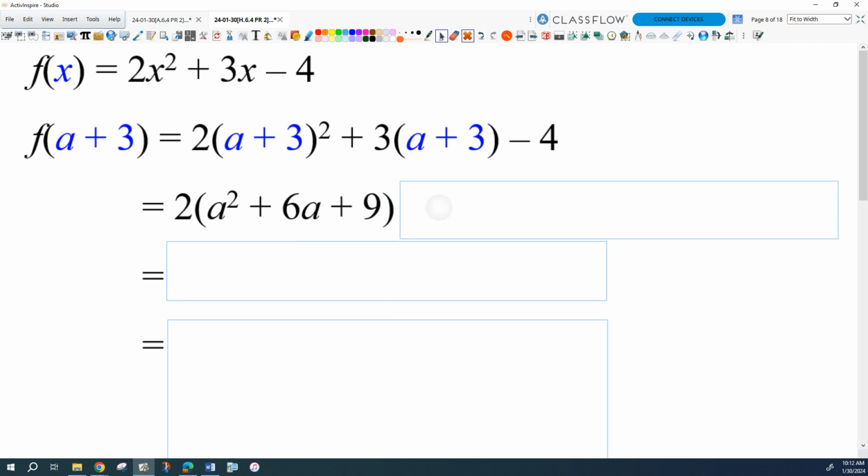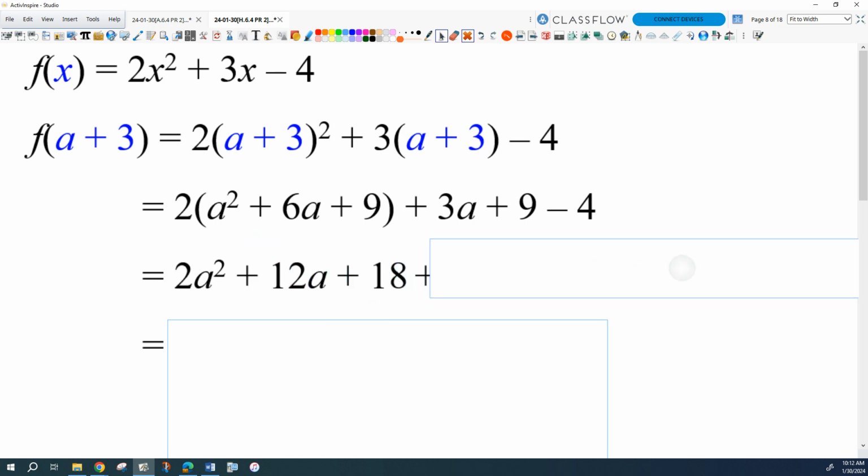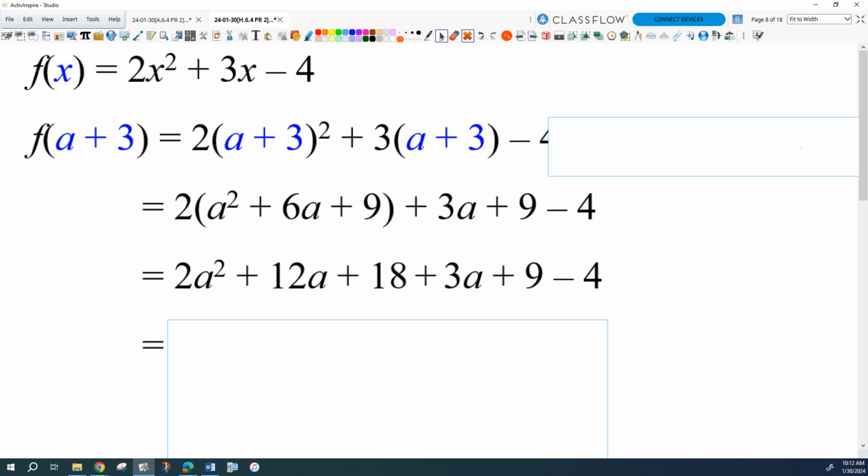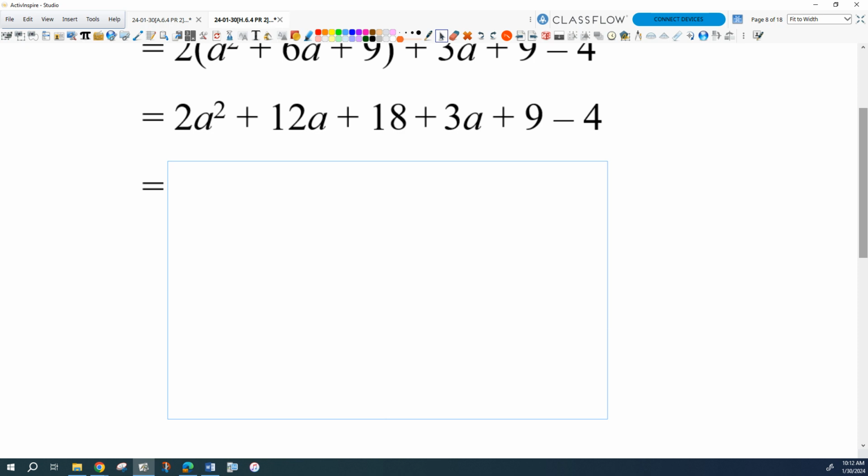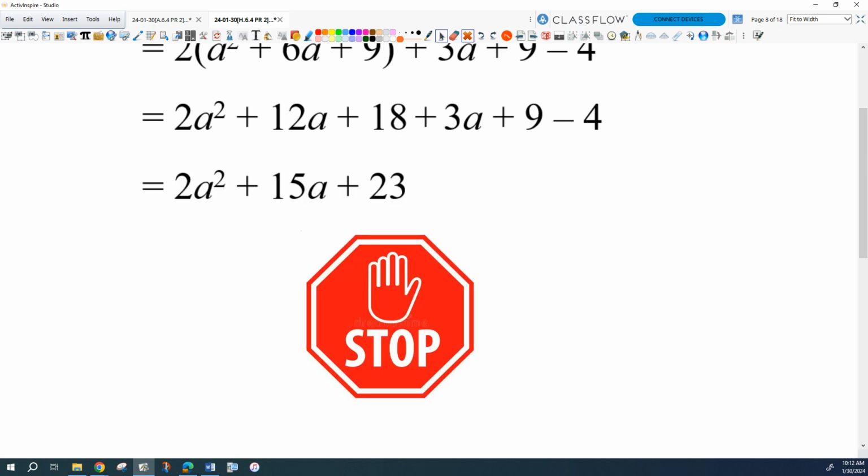And that's just the a plus b quantity squared expansion. Plus, if I distribute the 3 while we're at it, I just get 3a plus 9 minus 4. Now I would just distribute the 2, and then we'll do all the adding like terms at the end. And then the last step is just combine like terms, right? Make sense? Okay? Stop. Make sense? Good start?